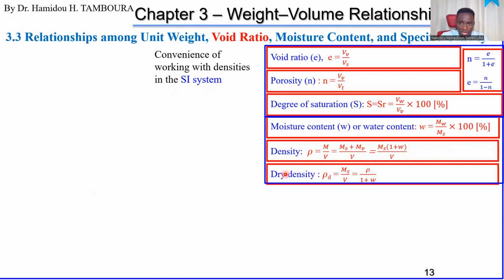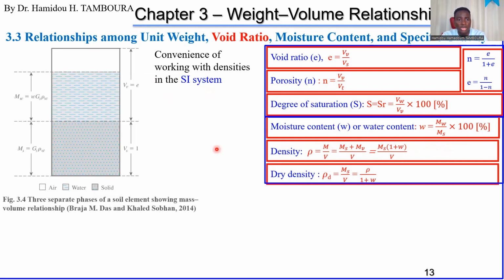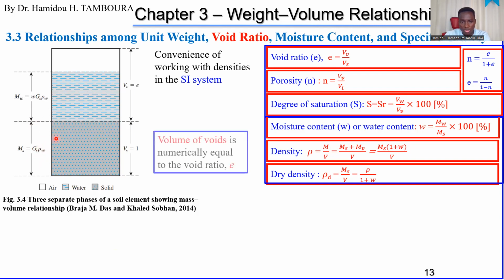Instead of weight, you use mass, and instead of unit weight, you use density. This is just an example. Everything we did before when the soil was not saturated, just replace gamma by rho. See, instead of gamma W, we have here rho W.